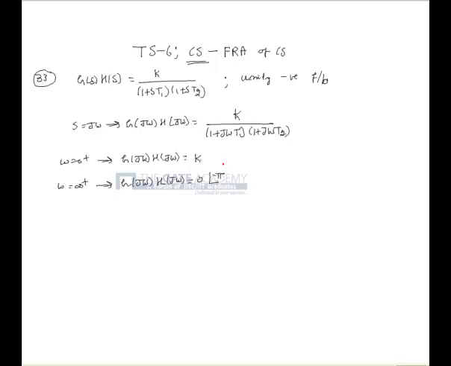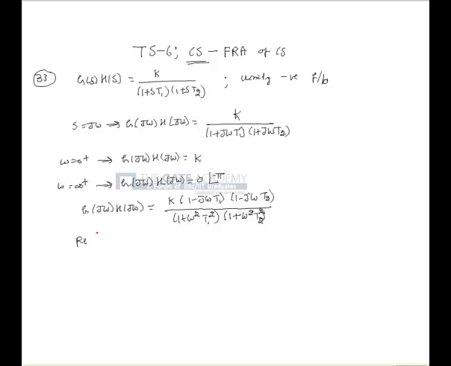Also, by splitting the given G(j omega)H(j omega) into real and imaginary parts by rationalizing, we get G(j omega)H(j omega) as shown, which is K into (1 minus j omega T1) multiplied by (1 minus j omega T2) divided by (1 plus omega square T1 square) multiplied by (1 plus omega square T2 square).